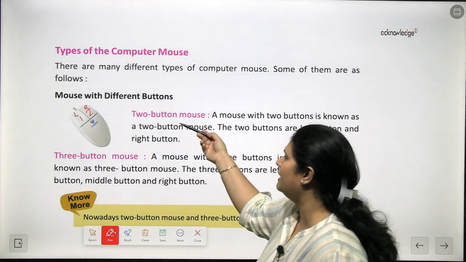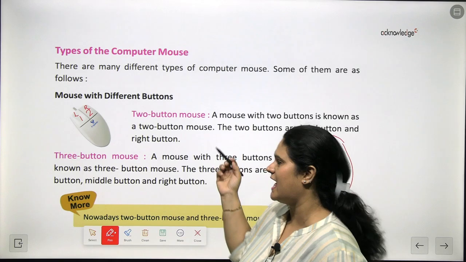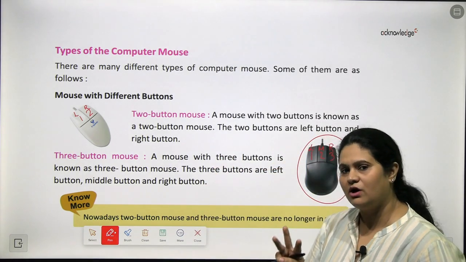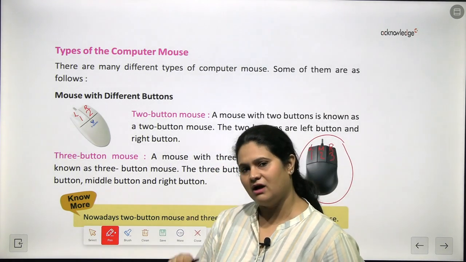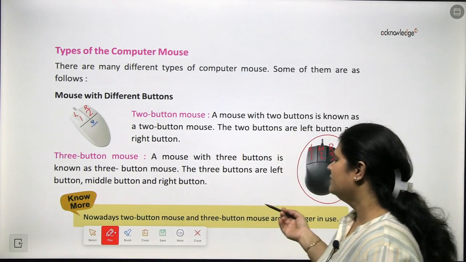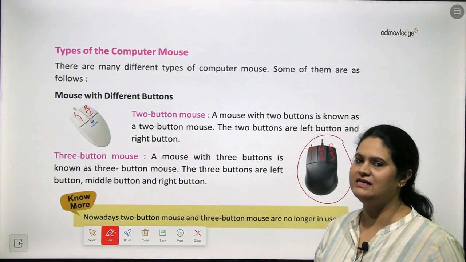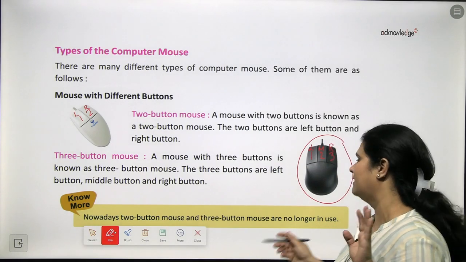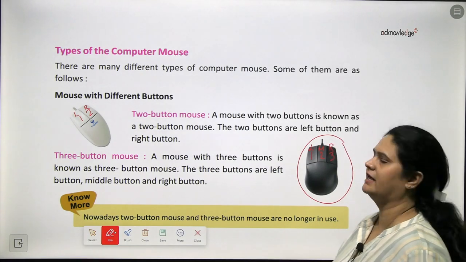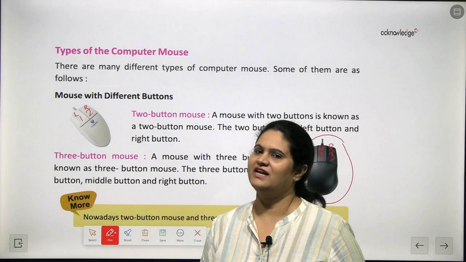So we have 2 buttons on a 2-button mouse and 3 buttons on a 3-button mouse. But children, nowadays both of these mouses, 2-button and 3-button mouse, are no longer in use.